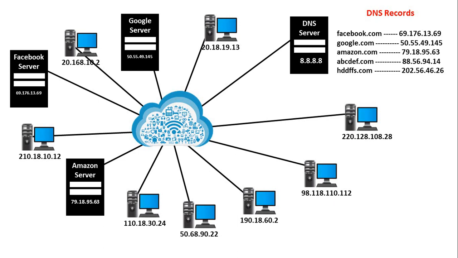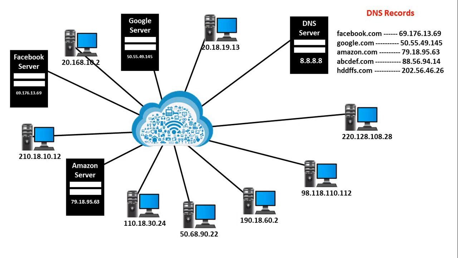The DNS server will check the database and find out that the IP address for facebook.com is 69.176.13.69. Then, after knowing the IP address, it is passed as a response to the client.